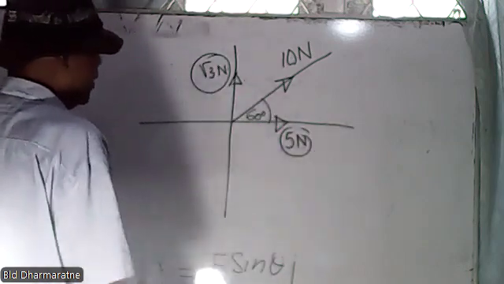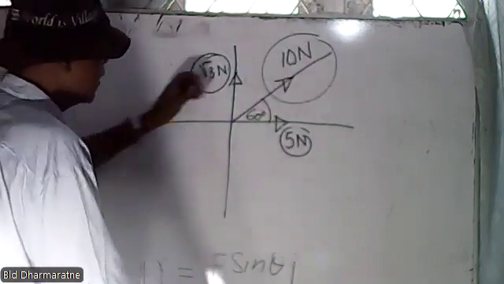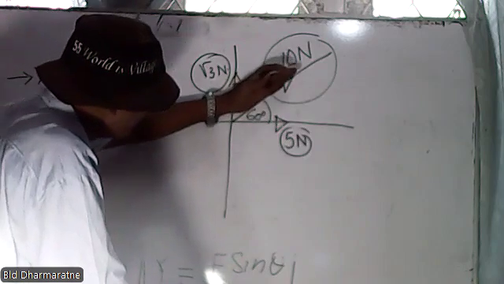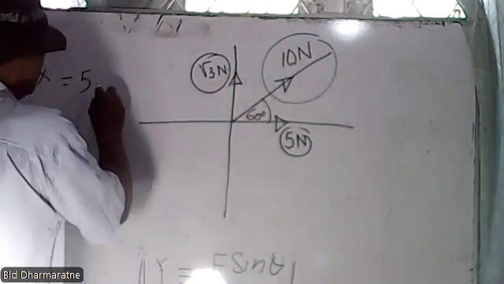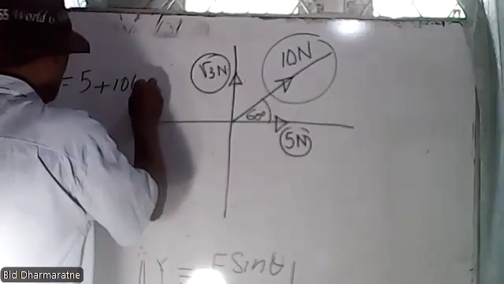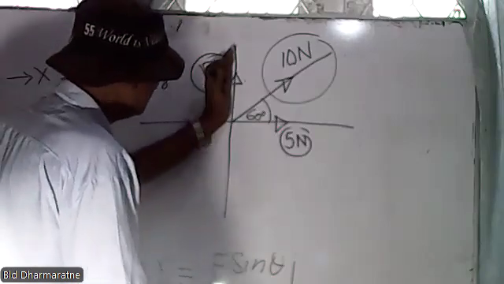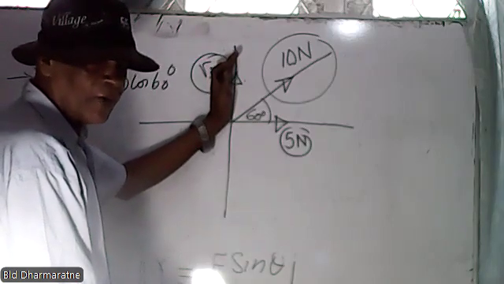This is the angular force. This force can be indicated as 10 cos 60. In this, there is a vertical force. What happened? The vertical force was neglected.